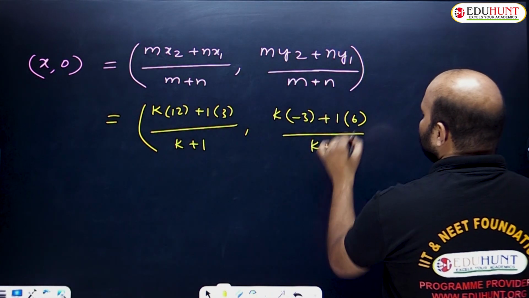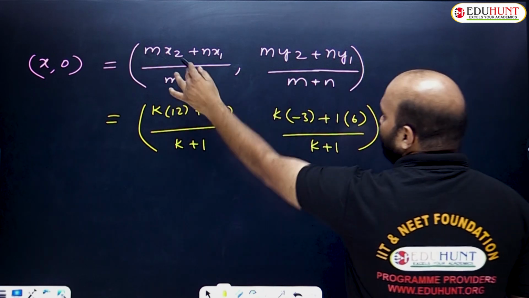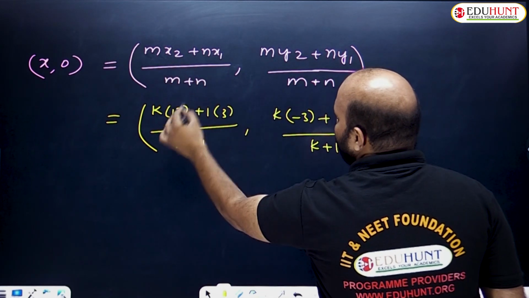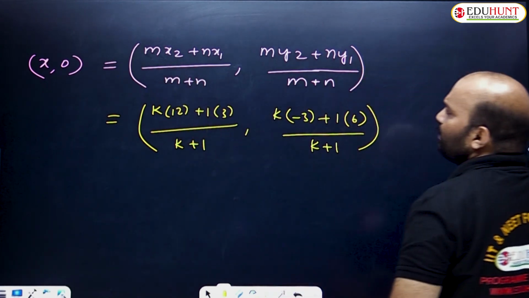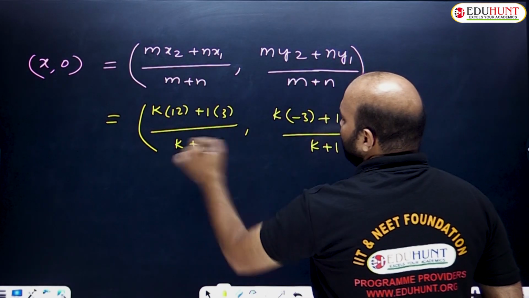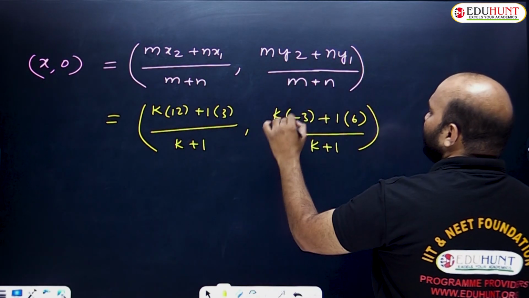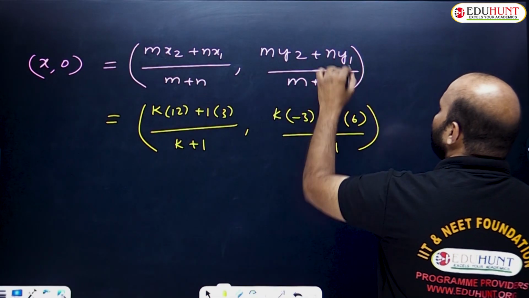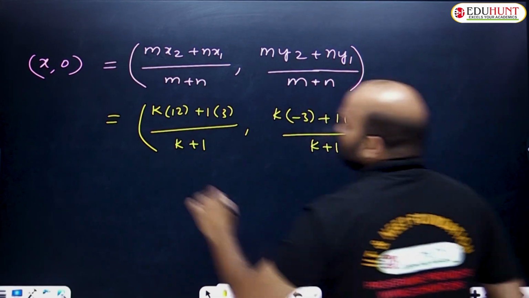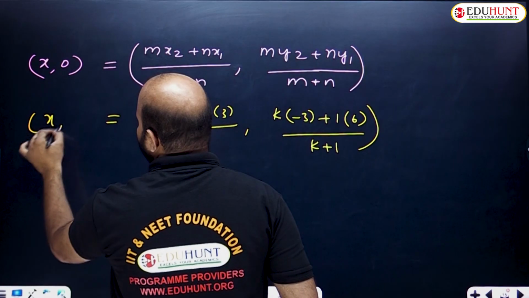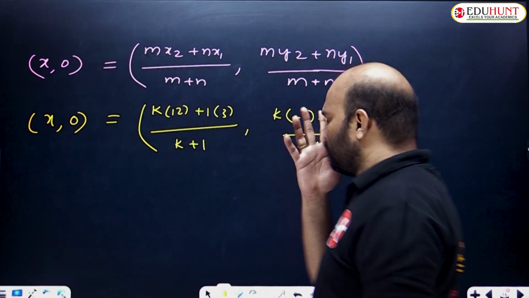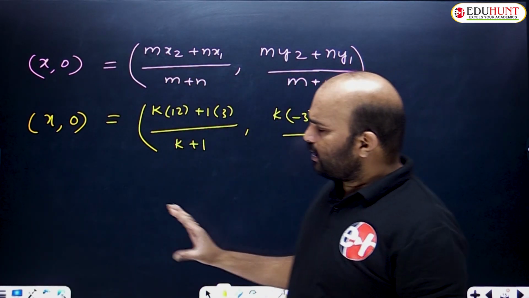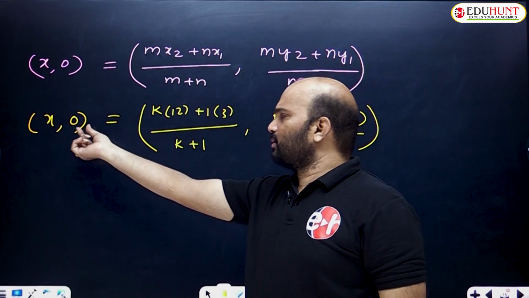So by using the section formula, m value k into x2 12 plus n value 1 into x1 3 by k plus 1, and for y, k into minus 3 plus 1 into y1 6 by m plus n. So it is equal to x comma 0. Clearly we need to observe that a point on the x-axis has y equals 0.